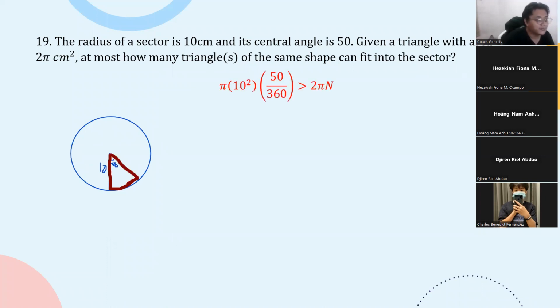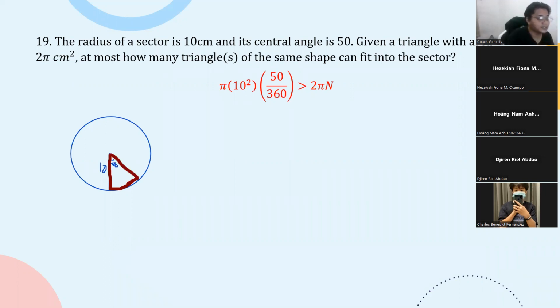So how do you find the area of a sector? You just compute the total area of the circle. That is pi r squared, right? So you have pi times 10 squared. And then you multiply it with 50 over 360 because what we only need is 50 degrees out of the whole 360.